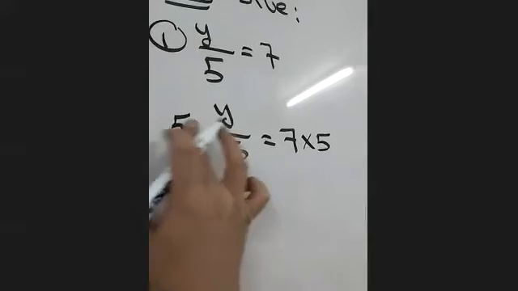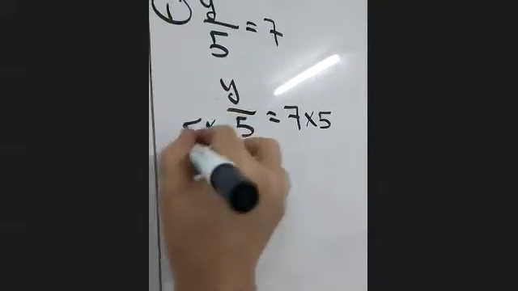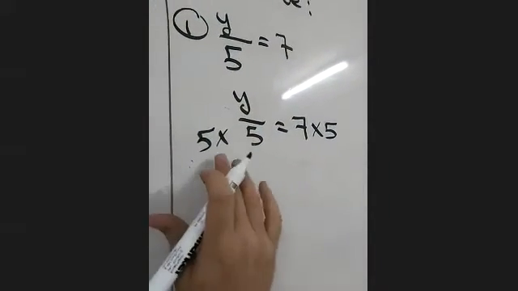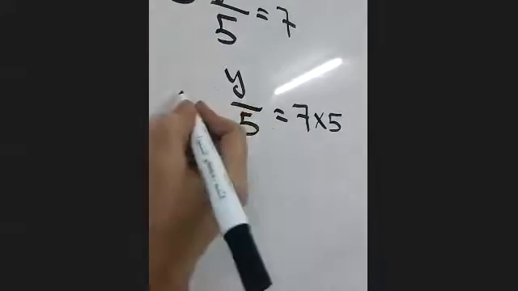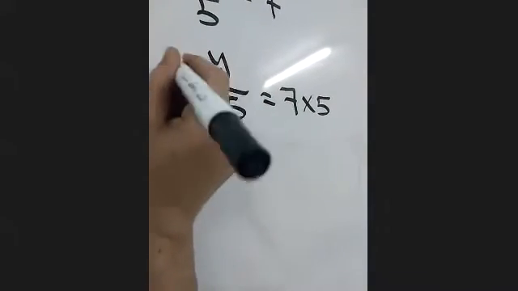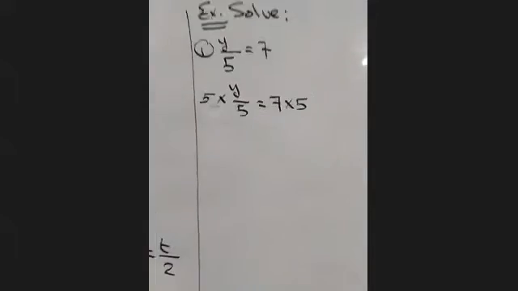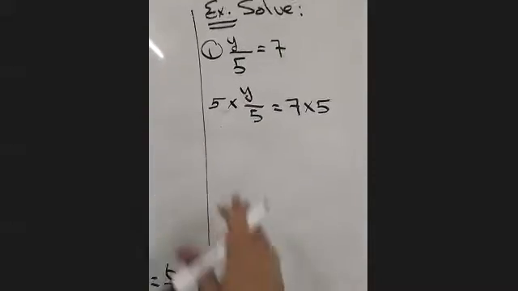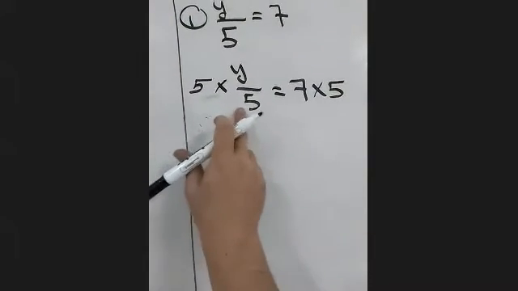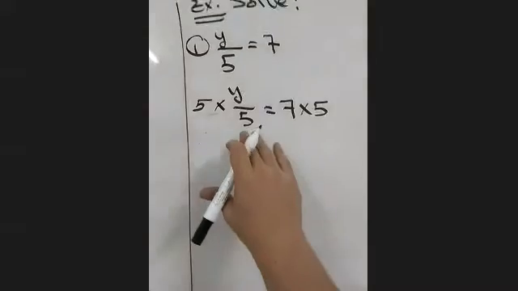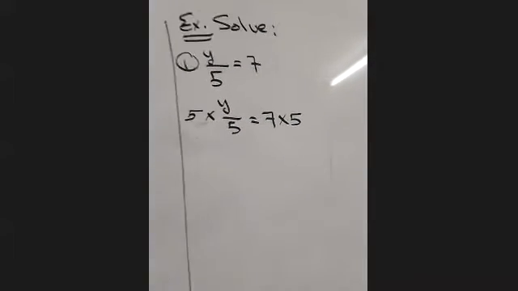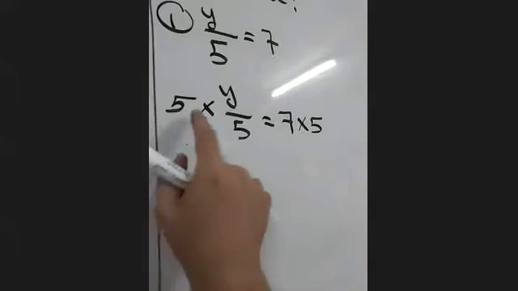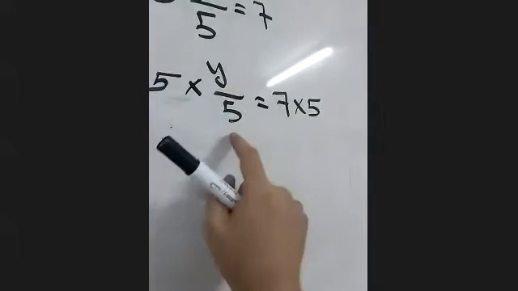Don't write multiply by 5 here. This is wrong. Write it beside the line of the fraction. Don't forget that. Do not write multiply by 5 down beside the 5. The 5 down, the other 5 up. Now, let's simplify. 5 multiplied by y is 5y over 5.